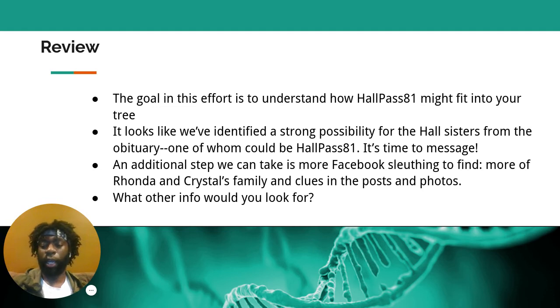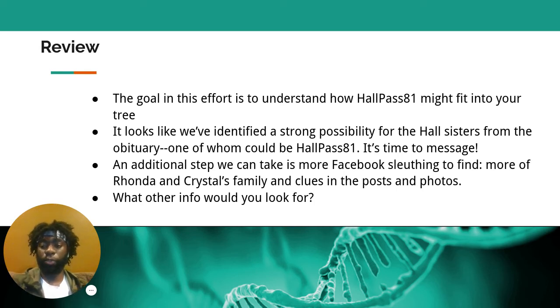So now, again, it's a good time to possibly reach out on Ancestry in the case of Tina, or even reaching out on Facebook and adding them there, depending on how comfortable you are with that or how you think it might be received. An additional step that we can take is more sleuthing, so looking at their relatives, other photos and information that's included, and seeing how everything fits together.